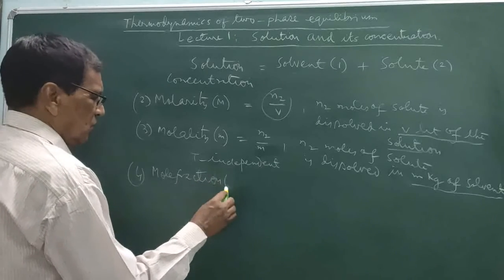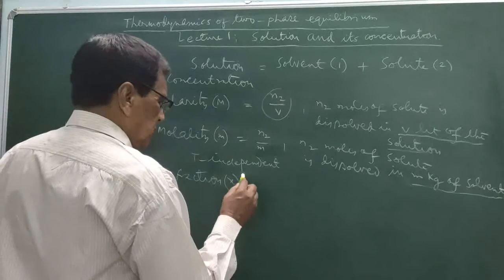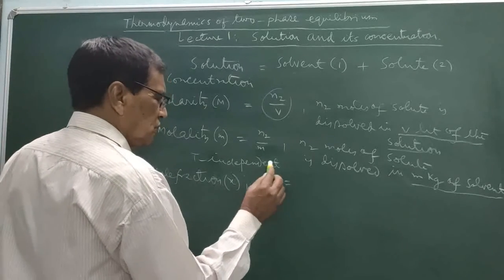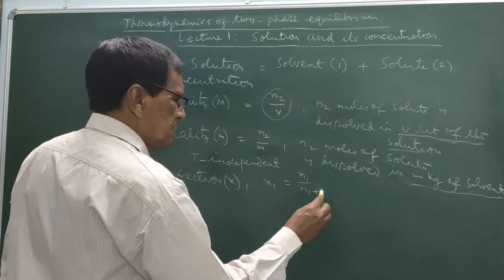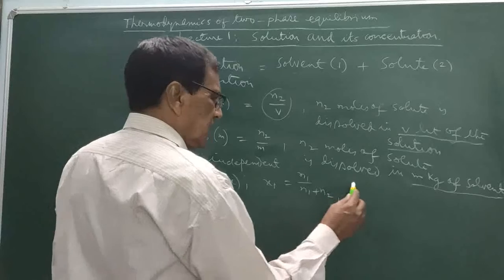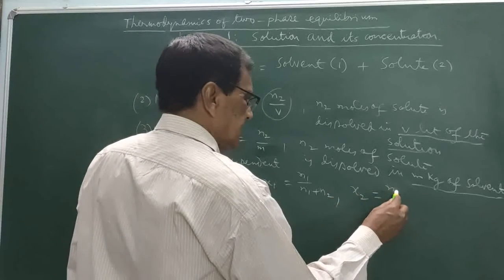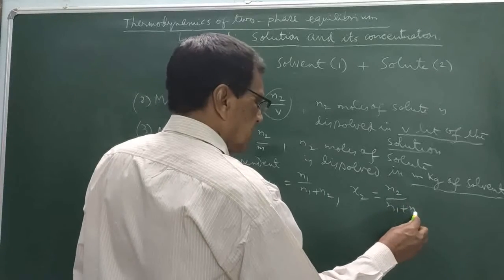Mole fraction is given as symbol x. Suppose x1, the mole fraction of the solvent, is equal to N1 divided by N1 plus N2. And similarly, x2, the mole fraction of the solute, is N2, the mole number of the solute, divided by N1 plus N2.